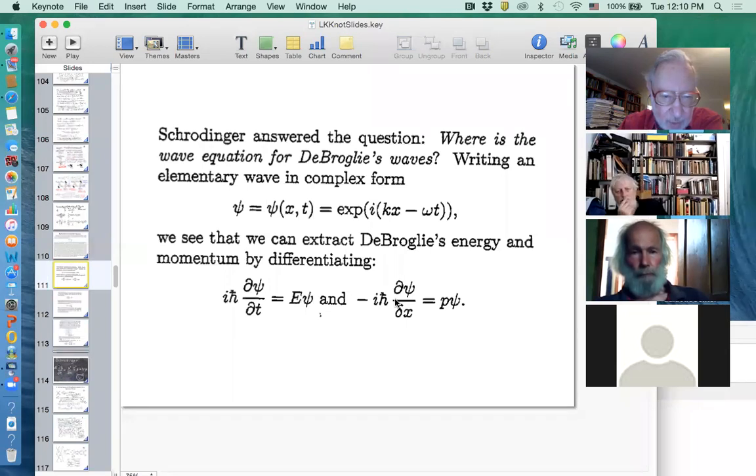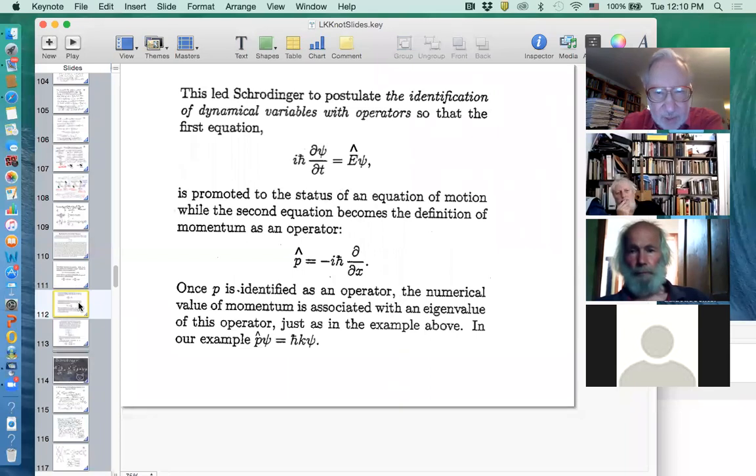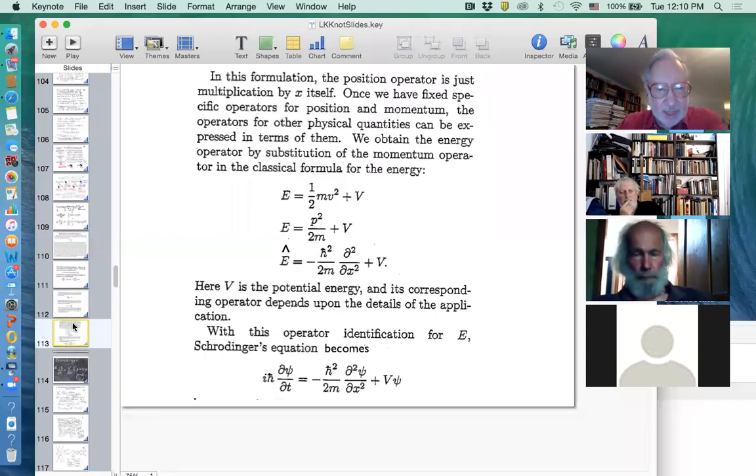So Schrodinger elevated that to a principle and said, we'll take that to be the wave equation, where we will associate an operator to the energy and an operator to the momentum. And those operators are the ones I wrote, i h bar d by dt for energy and minus i h bar d by dx for momentum.